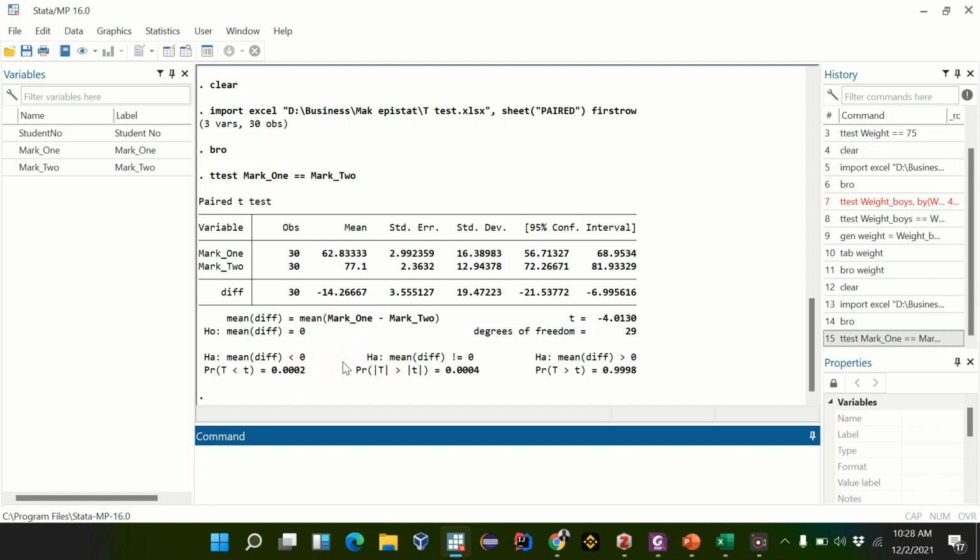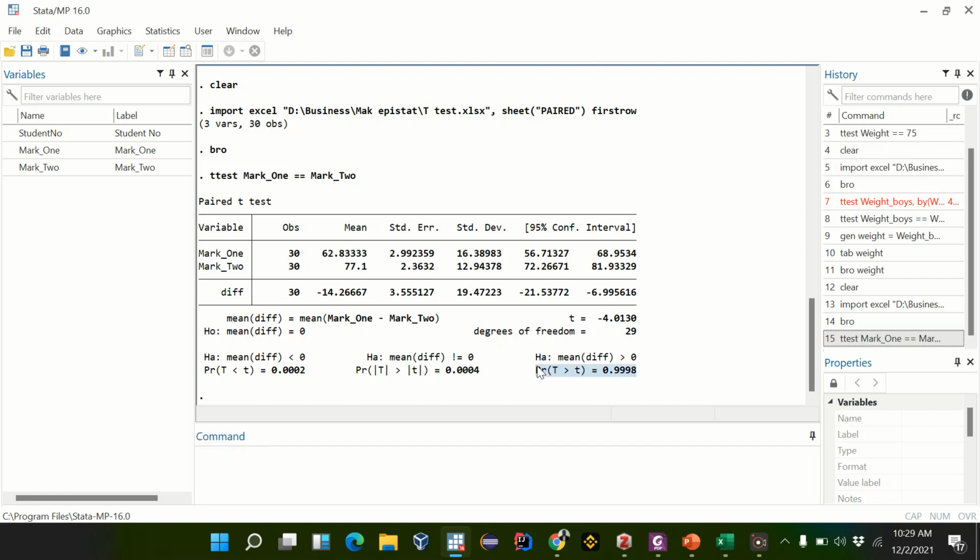So we say that if the mean difference is less than 0, this is true. Mean difference is not equal to 0, this is true. Mean difference greater than 0, this is not true. I'm saying not true because the p-value here is not less than 0.05, because we use the 95% confidence interval.